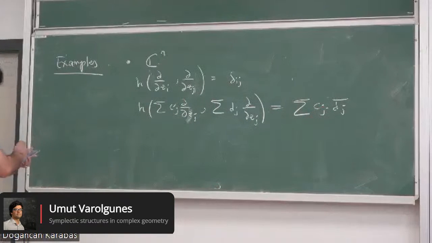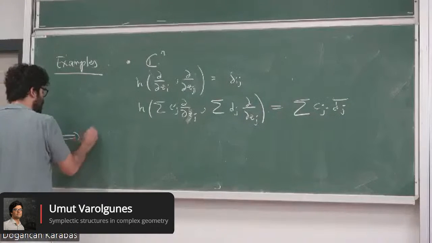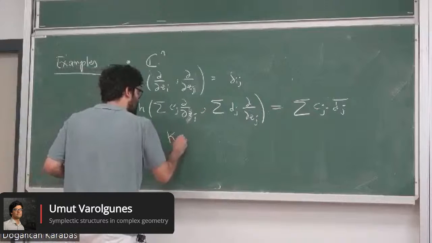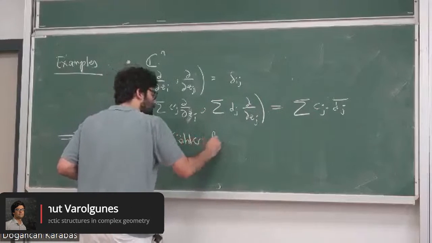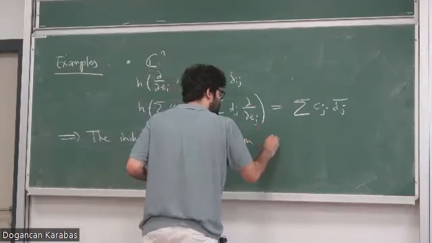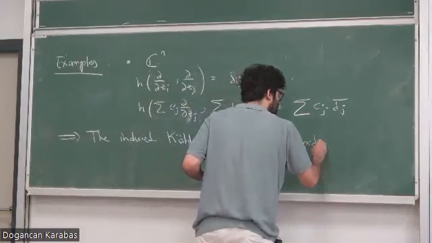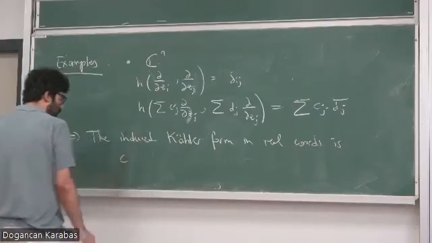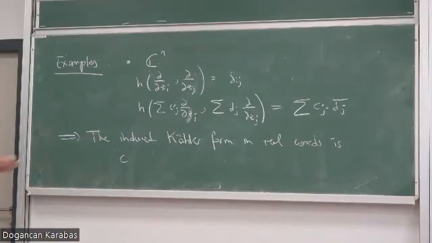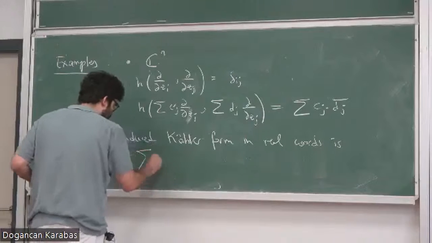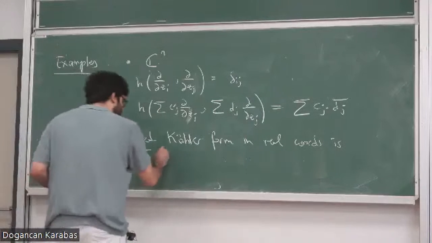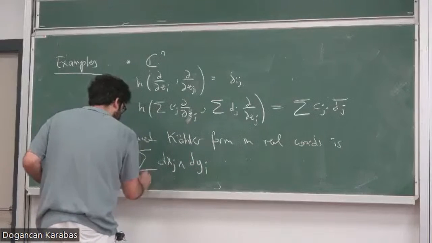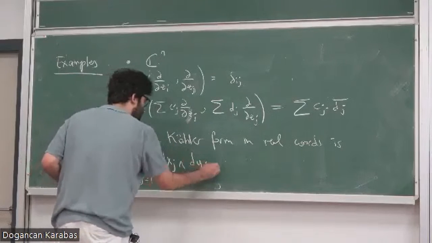And then you can work out from this the induced Kähler form. In real coordinates it is just some real constant that I don't want to compute, times the sum of dxj wedge dyj from j equals 1 to n.